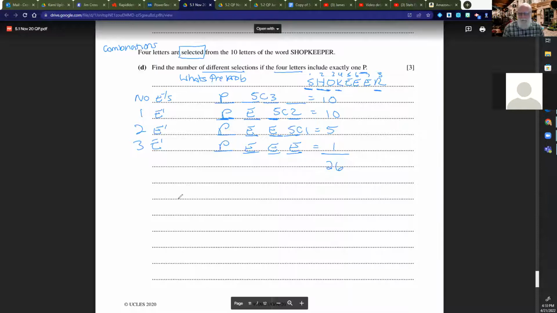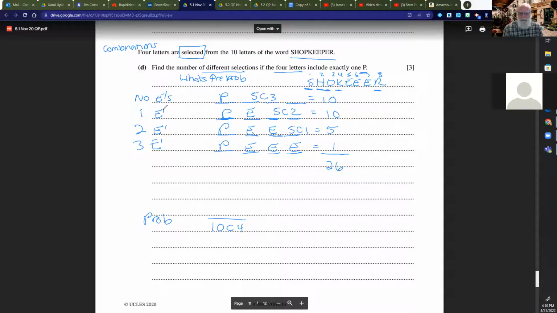So let's think about the bottom of my fraction. How many letters are there? 10. And how many am I choosing? 4. So the bottom of my probability fraction would be 10 choose 4. The problem is that doesn't take into account that I have all these duplicate letters. And if I had to figure out all the different ways with 2 P's and 3 E's, it would take me forever.